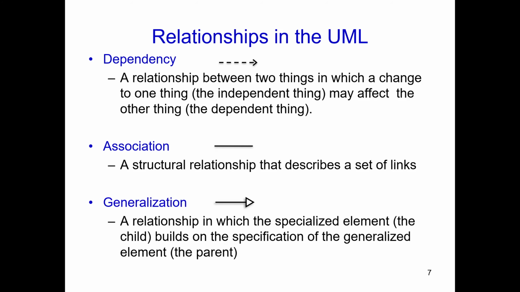And a generalization is a relationship in which the specified element, the child, builds on the specification of the generalized element. So how many of you are familiar with object-oriented programming? Java, yes. So Java, C#, C++, those are object-oriented. So basically the idea of object-oriented is that you are able to reuse your code, right?